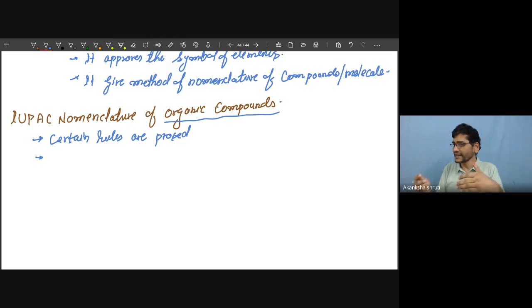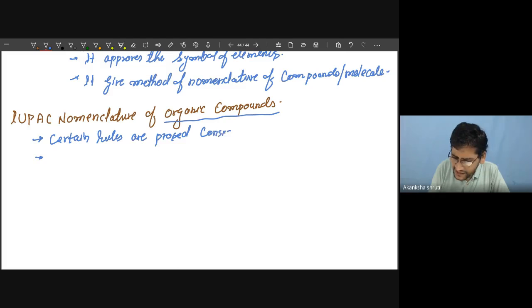By varying the number of carbon atoms, the compound also changes. Within the same functional group, if the carbon length is increased, that gives a new kind of compound or molecule, like methanol, ethanol, propanol. All are alcohols, but they contain different numbers of carbon. So how are they named? Certain rules are proposed.